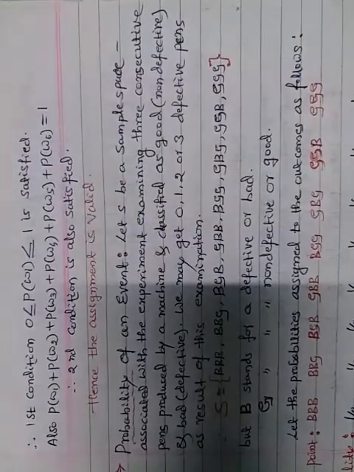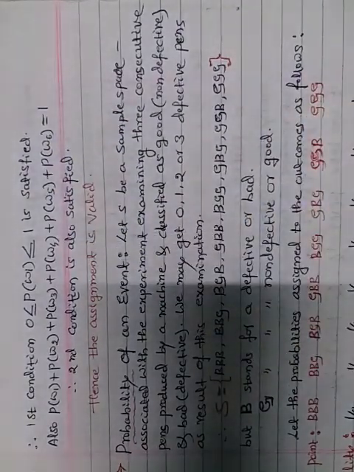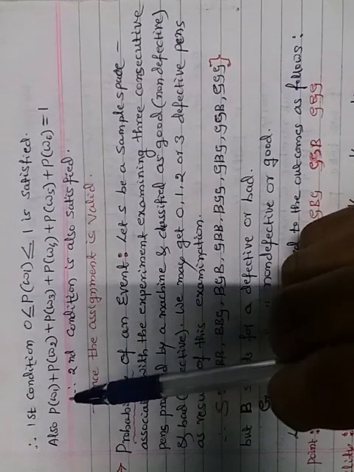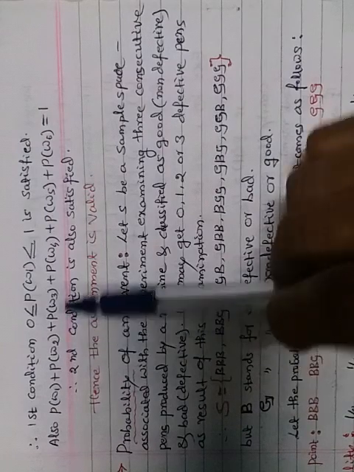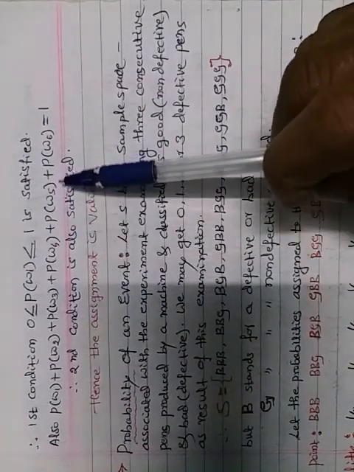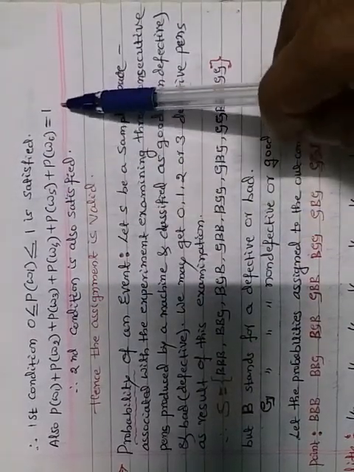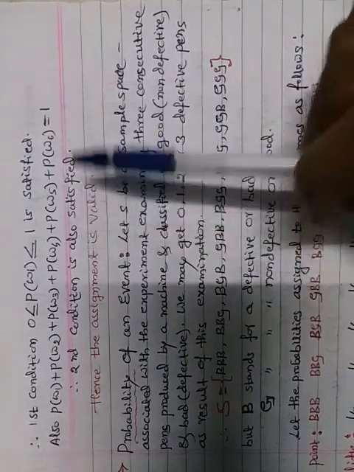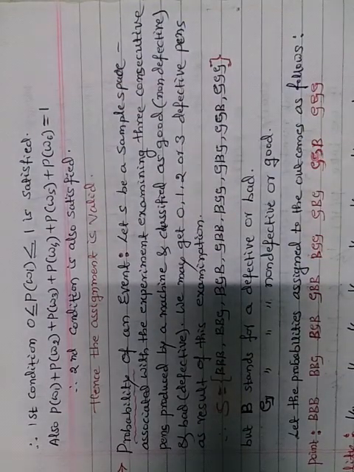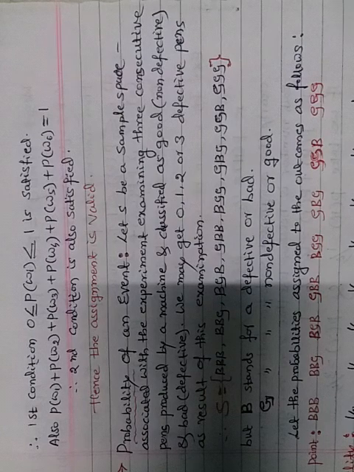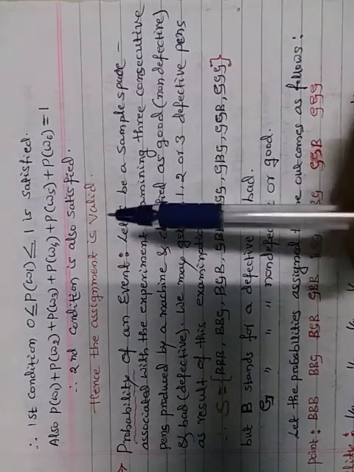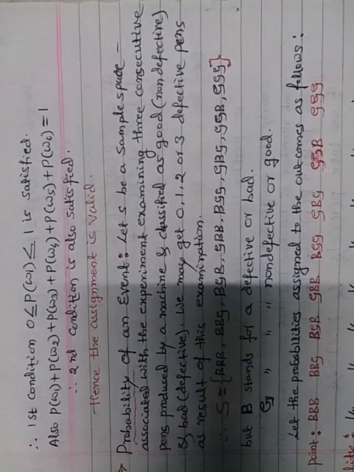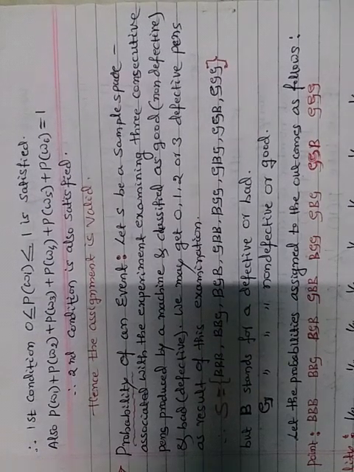The first condition is satisfied because it is less than or equal to 1. Also, the probability of omega 1, omega 2, omega 3, omega 4, omega 5 and omega 6 together is equal to 1. The second condition is also satisfied here. Hence, the given assignment is valid.